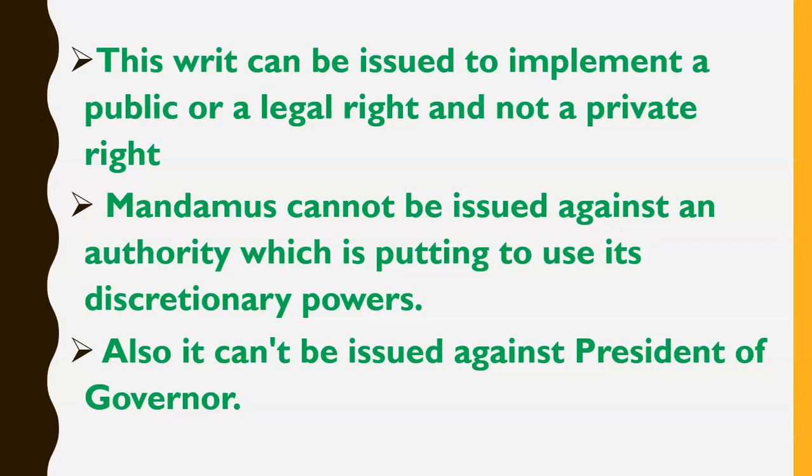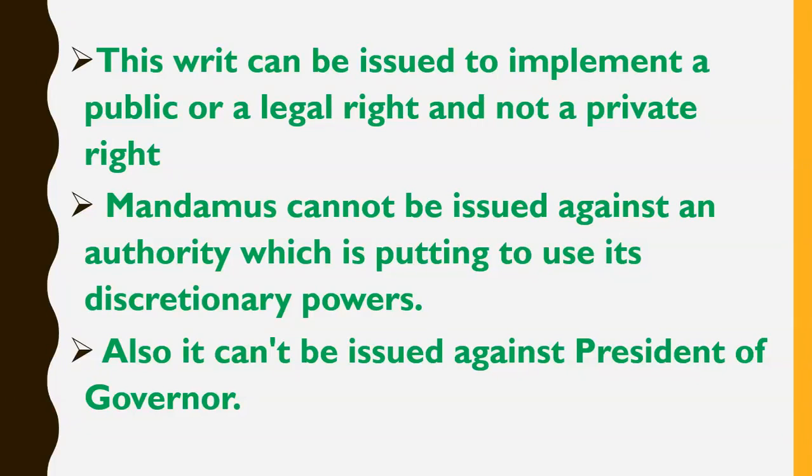Means this writ can only be issued against public organs, public agencies, public authorities, and it cannot be issued against any private individual or any private organization. So the writ of Mandamus cannot be issued against any private individual or private organization. It can only be issued against a public authority or public organization, for example, any government agency.